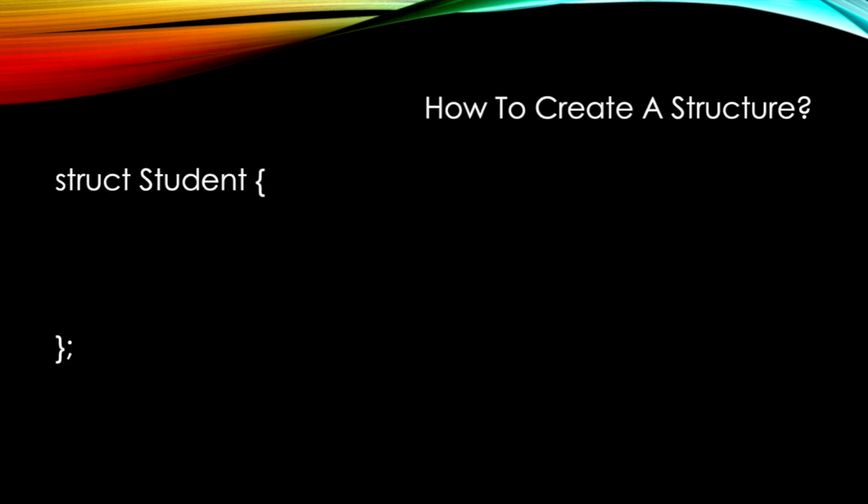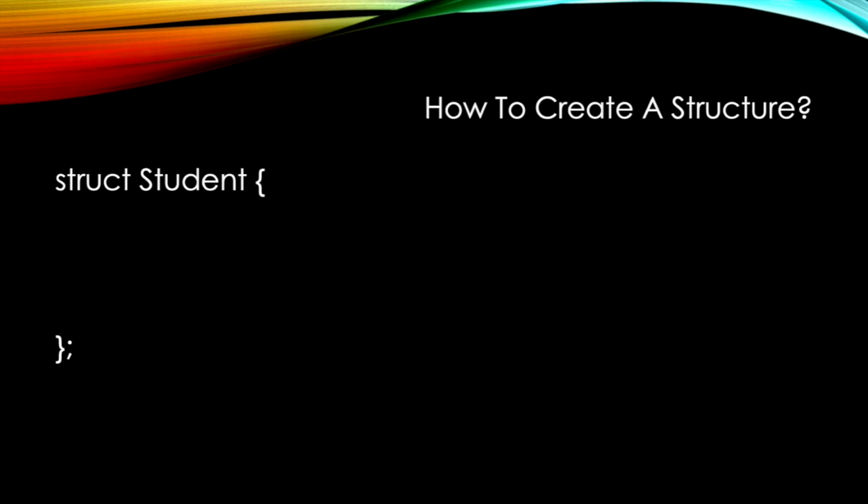Let us see what is the syntax of structure in C programming language. It starts with the keyword struct followed by the name of the structure. We can give any valid identifier, even one letter or a group of letters. Here I mentioned that the name of the structure is student. That is called the tag name.